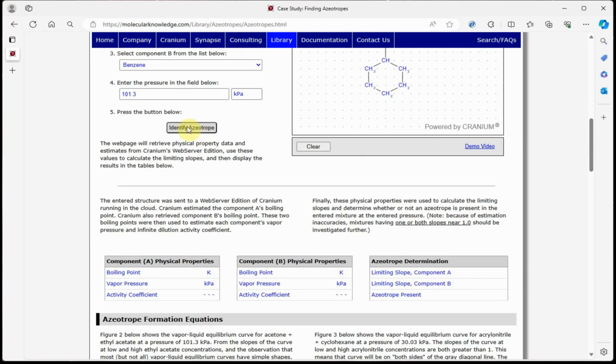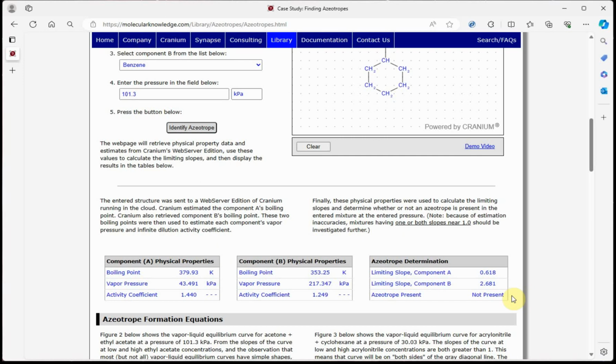Again, we press the Identify Azeotrope button, and the information is sent to the WebServer edition of Cranium, which again estimates the required physical properties, from which we calculate the limiting slopes and determine if an azeotrope is formed. In this example, the app determined that methyl cyclohexane and benzene do not form an azeotrope at 101.3 kilopascals.